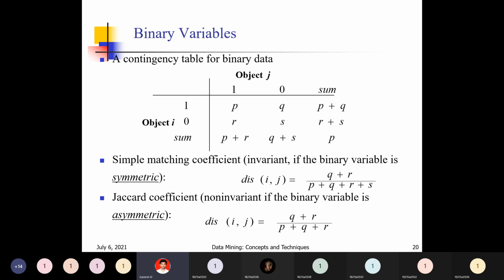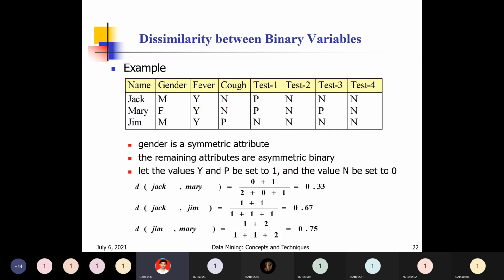What is meant by Q? Q is nothing but 0 comma 0. Next R is nothing but 0 comma 1. P is nothing but 1 comma 1. For any asymmetric value, the 0 0 value is there.